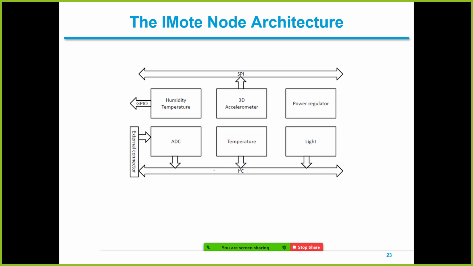The temperature sensor, the light sensor, and the ADC connect to the processor through I2C. The low resolution digital temperature sensor, the high resolution temperature sensor, the humidity sensor, and the accelerometer are connected via SPI.